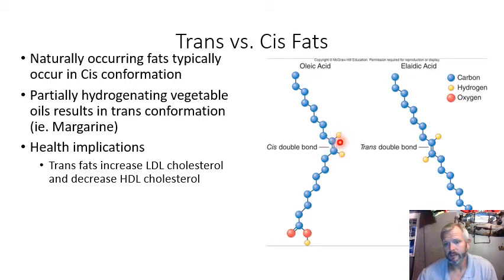Elaidic acid, which is a trans fat. The hydrogens are on opposite sides. This basic change in the structure, even though, count them, they have the same amount of atoms.